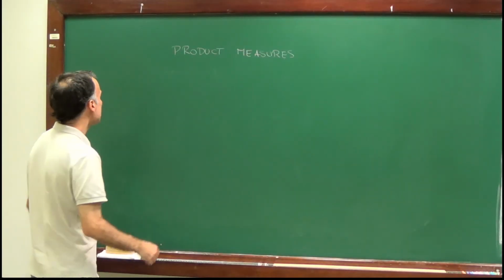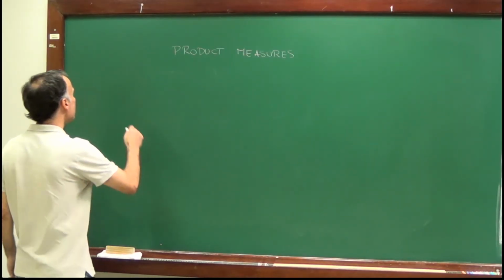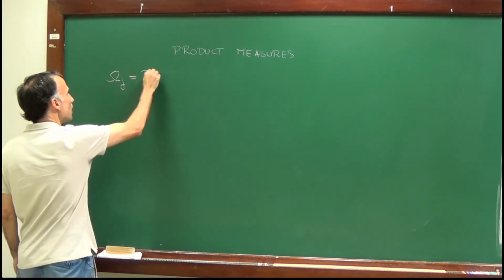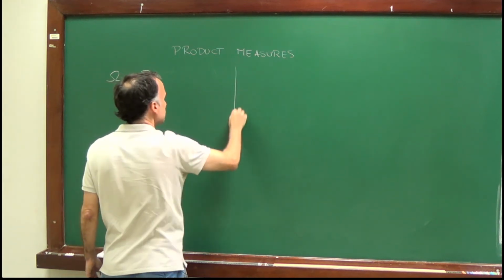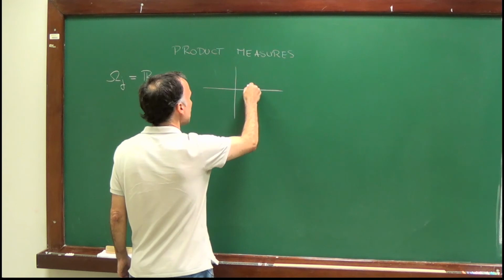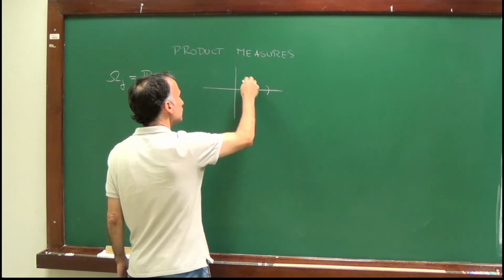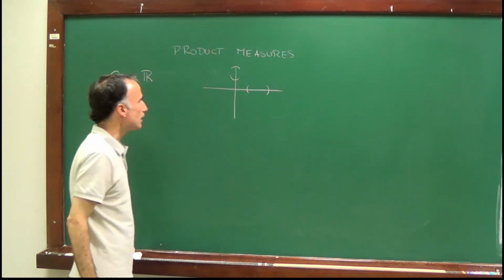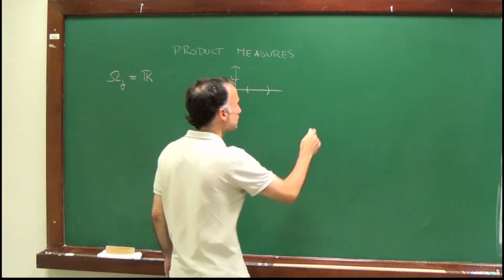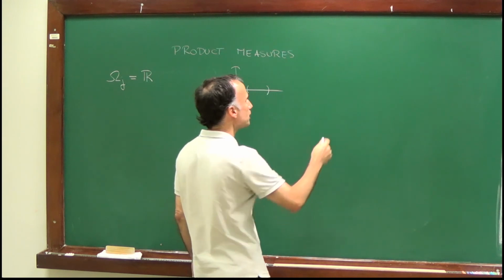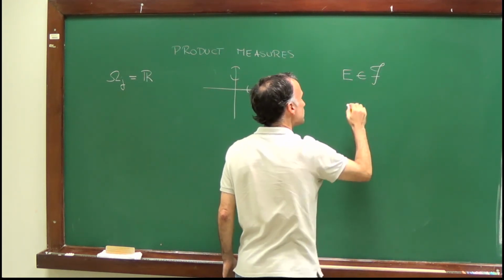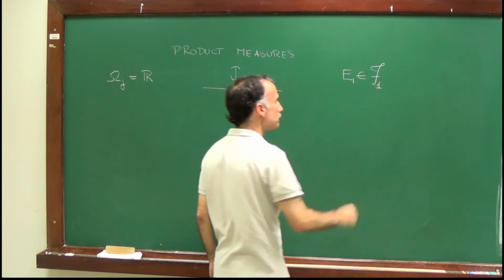So let me just make a remark about my picture. Assume that omega j is equal to R. So we have here R times R, and I represented E1 as an interval, E2 as an interval in my last picture. Well, in fact, the rectangles are much more complicated because I'm allowing E1 to belong to the sigma algebra F1.